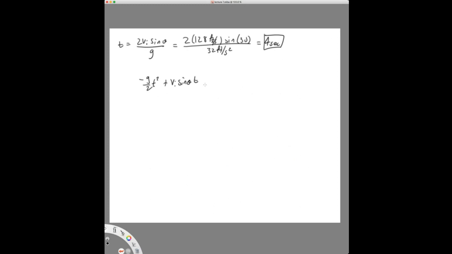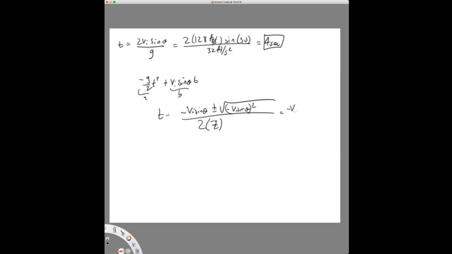If you call this a and this b, you're going to get t equals negative v_i sine of theta plus or minus the square root of (v_i sine of theta) squared, over 2 times minus g over 2. What happens on the top is these things are basically the same, because the square root of something squared is just that thing.